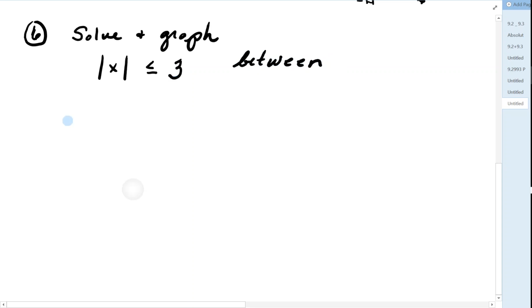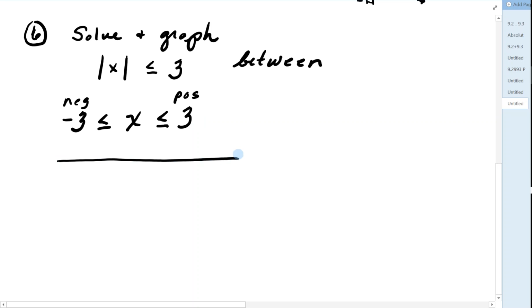Take the negative of the constant, use your less than or equal to sign, put your x, less than or equal to sign, and the positive. So it is between the negative and the positive of the constant value. All right, you have the answer in an inequality.